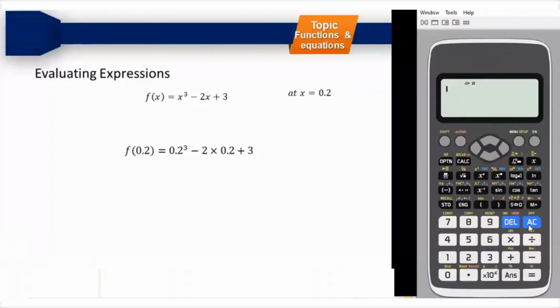First option is I repeat my equation and I replace all the x with 0.2. When I do so, I will delete this x and I will press 0.2. I will move on, delete this x, and instead of this, I will write 0.2 and close the bracket.